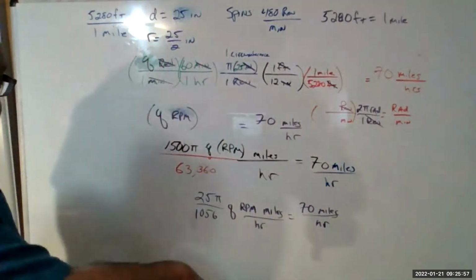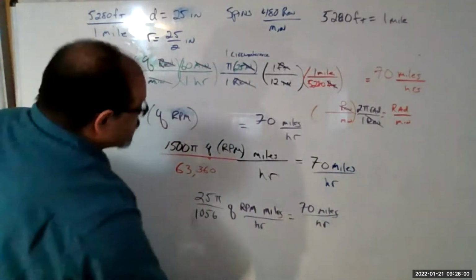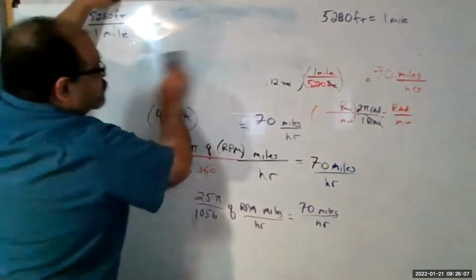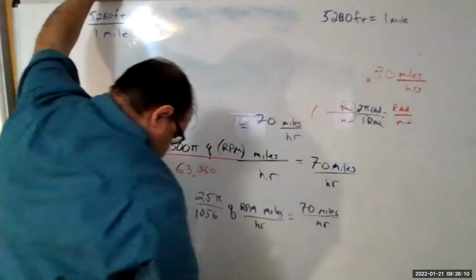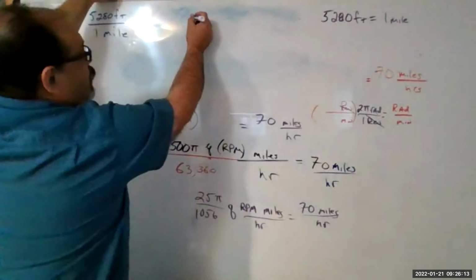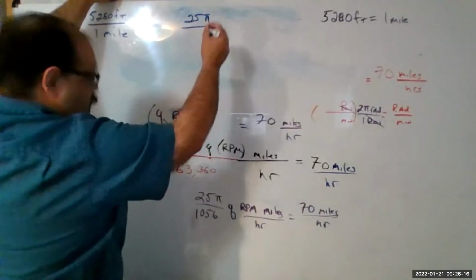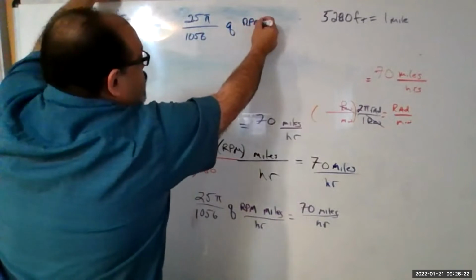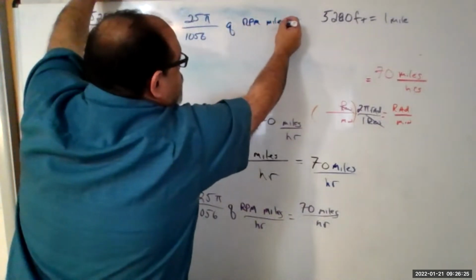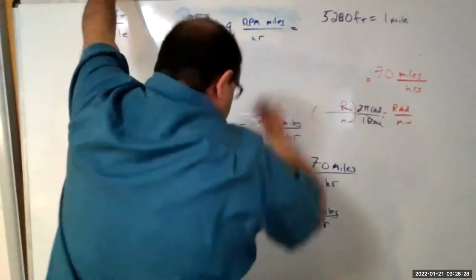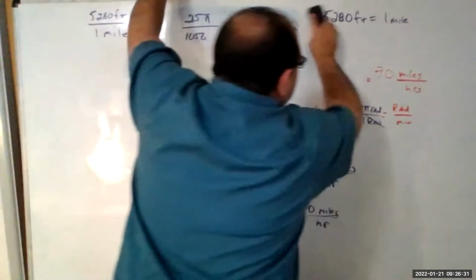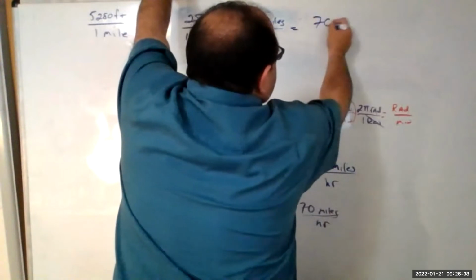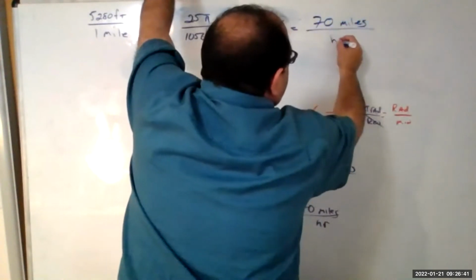Because if I go down there to finish working the problem, I'll never get back up, I'm going to rewrite what I have up here: 25 pi over 1,056 Q RPM miles per hour equal to 70 miles every hour.